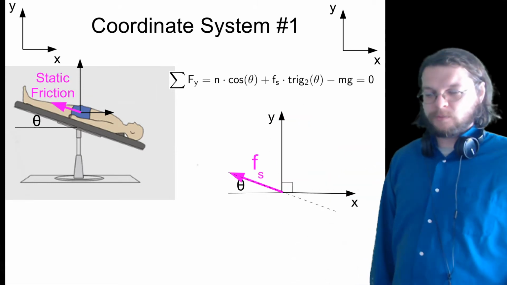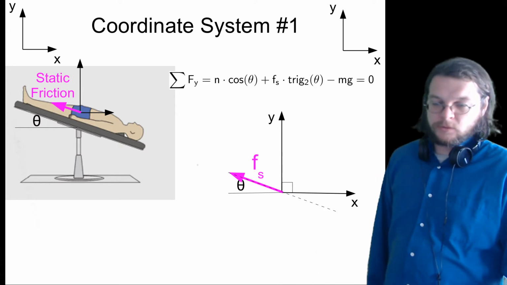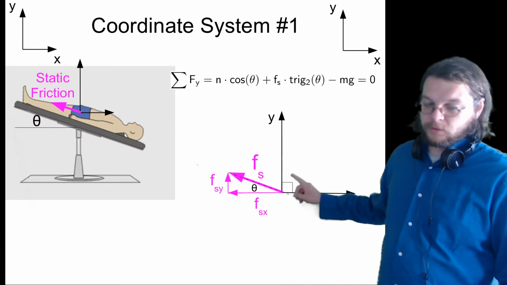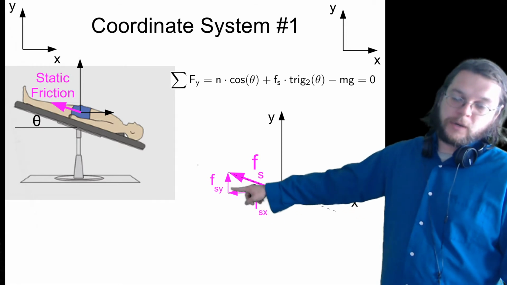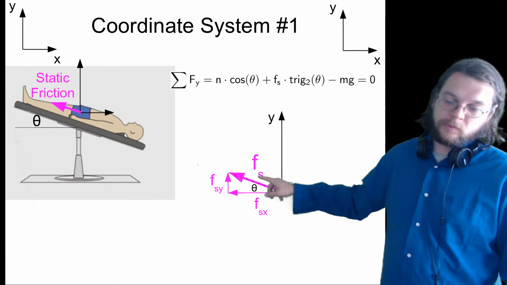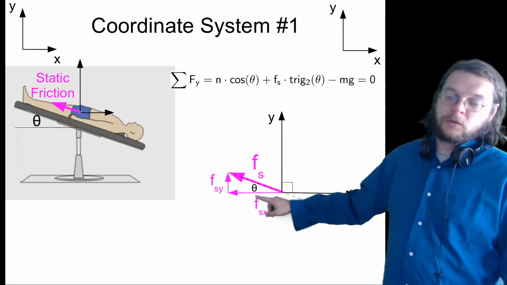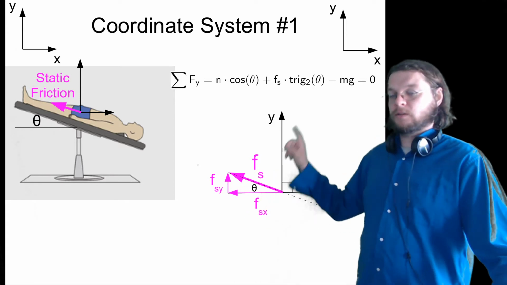Static friction, so we can do the same sort of thing. So there's our angle. This one is maybe a little bit easier because you just sort of say, all right, well, there's an x component, there's a y component. And we want to know the y component. So that is opposite over hypotenuse, which should be a sine function. So that means that f sub s y should be f_s sine theta.